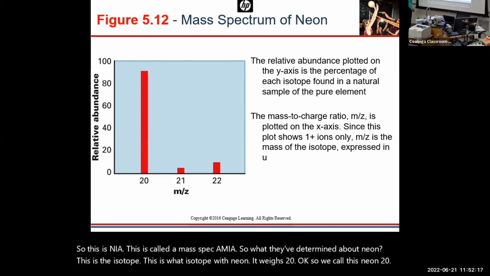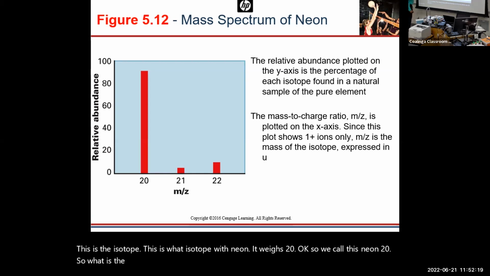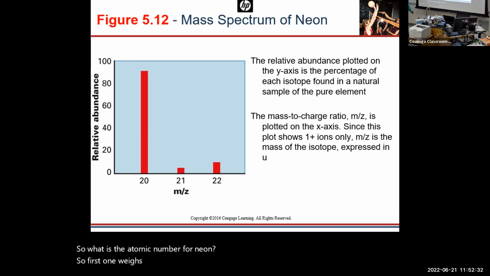So what is the atomic number for neon? Okay, so this first one weighs 20. So that's how much it weighs, right? And we know that its atomic number is 10, right? So that defines neon.